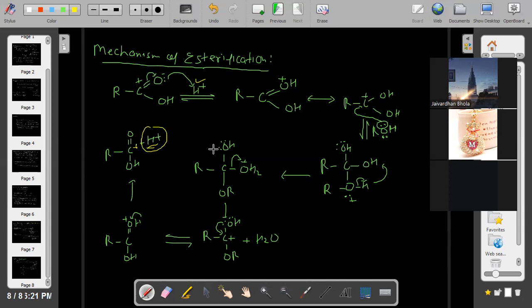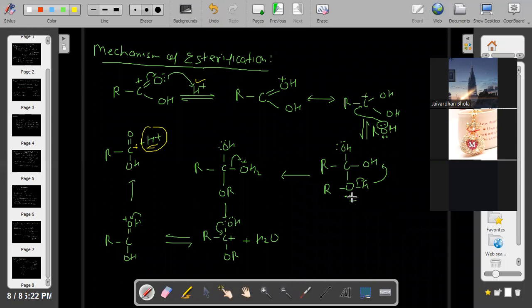Again, I will repeat once within two minutes. RCOOH is the acid. It is polar, and the more electronegative oxygen gives a lone pair, and the proton it gains from H2SO4, so you get the cationic form of the acid. It is resonance stabilized, giving a stable carbocation. This carbon atom gains a lone pair of electrons from the alcohol, which acts as the nucleophile.